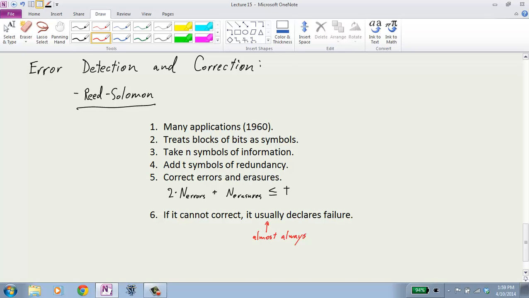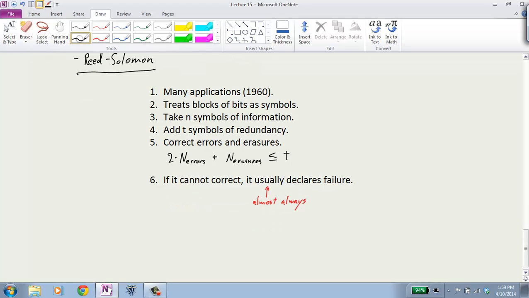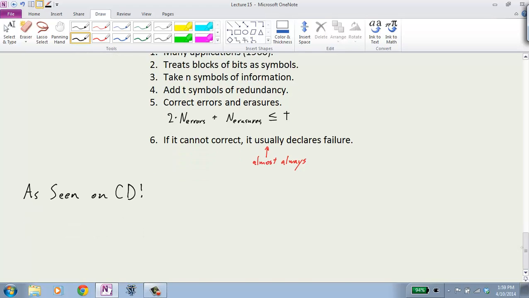Now let's talk about the specifics of the Reed-Solomon codes used for CDs. So the symbols are bytes, so each symbol is 8 bits long.